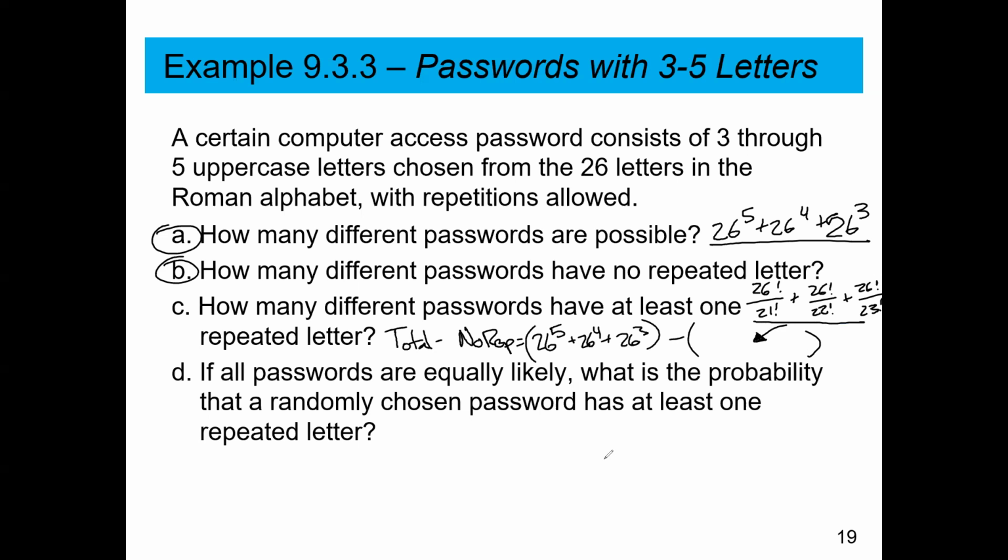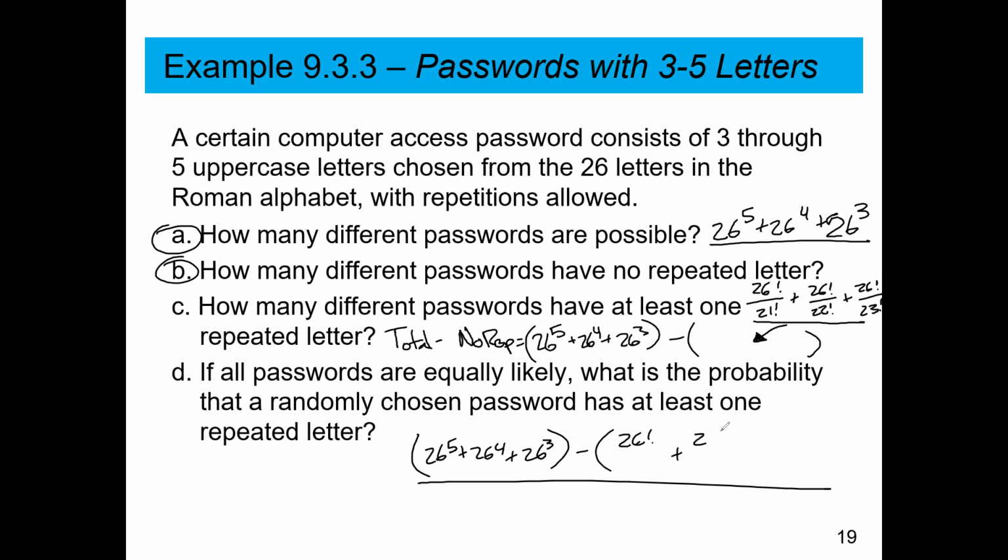If all the passwords are equally likely, which technically they're probably not, but we can assume that much, then the likelihood that at least one is repeated is going to be this number right here for part C. So that 26 to the 5th plus 26 to the 4th plus 26 to the 3rd minus, I'm just doing this real quick, 23 factorial, 24 factorial, and actually 22 factorial, and then 21 factorial, all that over 26 to the 5th plus 26 to the 4th plus 26 to the 3rd.